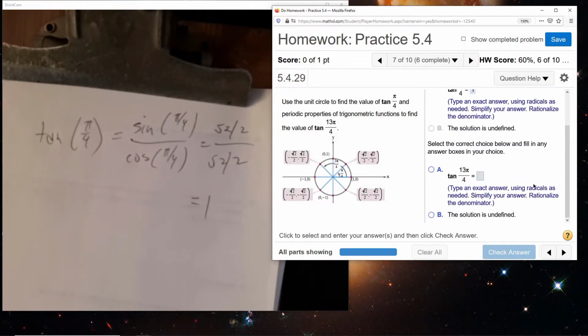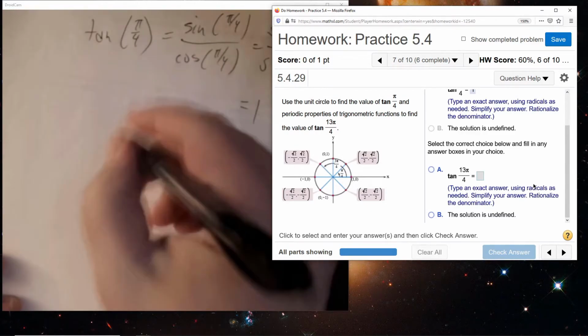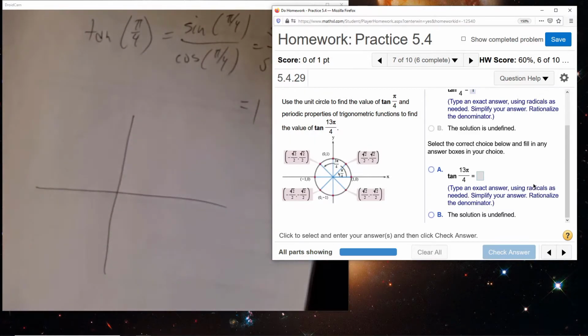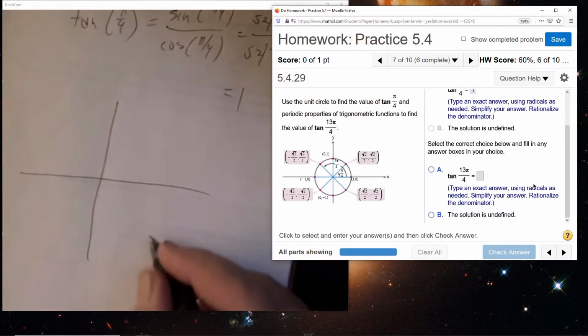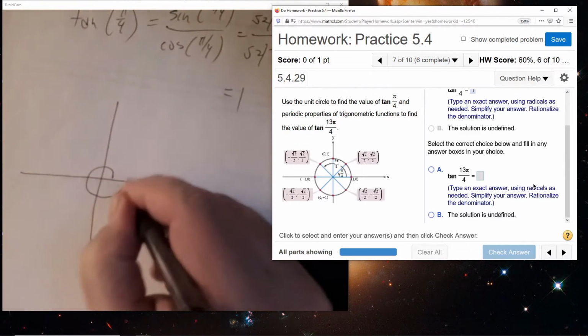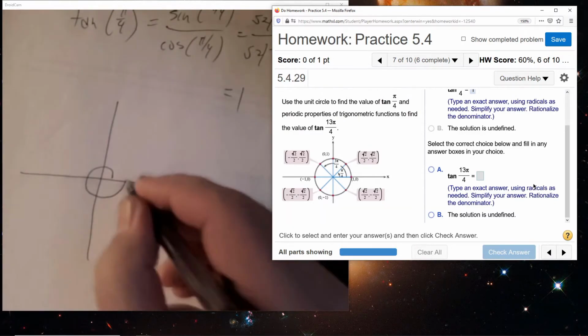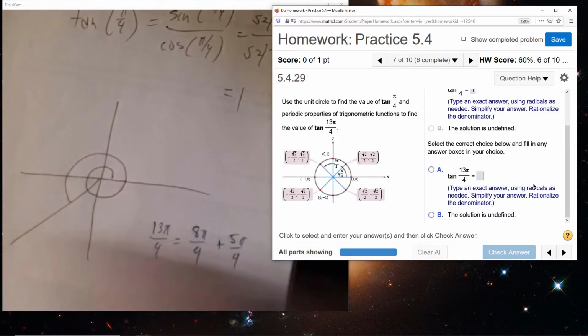All right, so now we got 13 pi over 4. And we just did this angle too, didn't we? The last one. So 13 pi over 4 is 8 pi over 4, which is one full revolution, plus another 5 pi over 4, which is that angle again in the third quadrant.